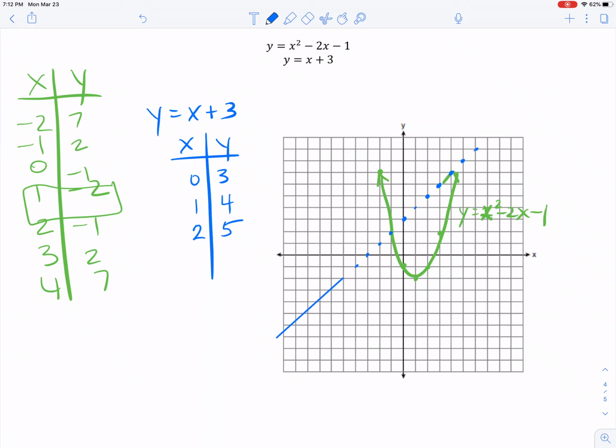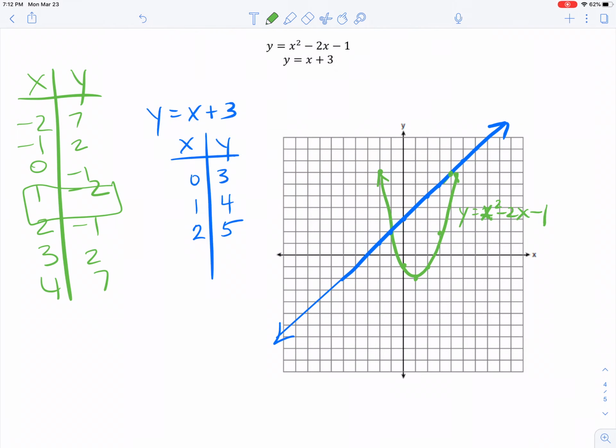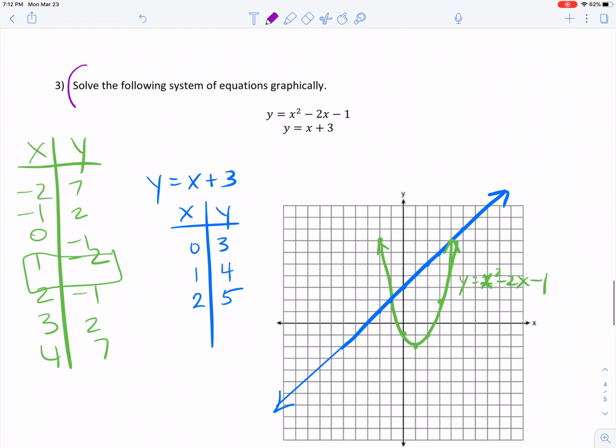And I could continue the line using a straight edge or my tool and my calculator. See here, I didn't plot this point well, so it didn't look like a cross there, but it does. So the points where they meet, because the problem does say to solve.